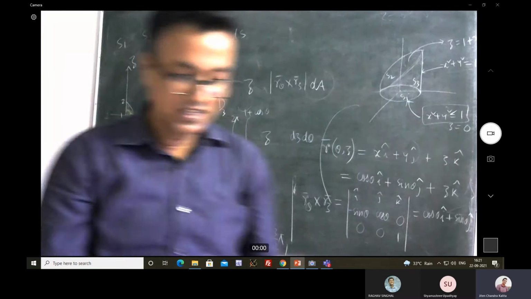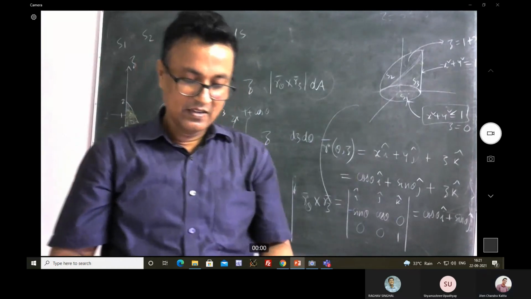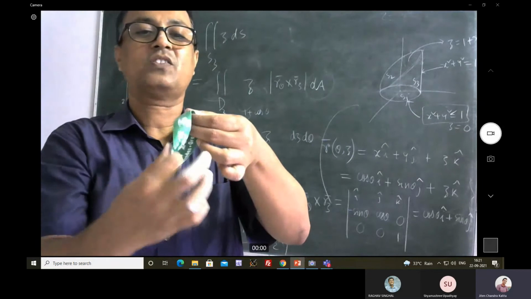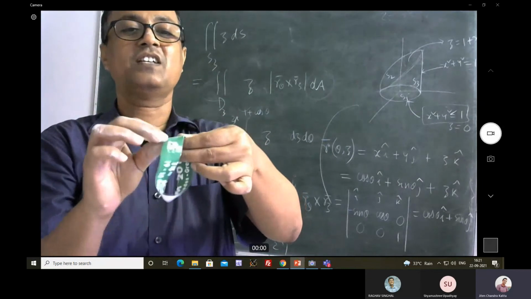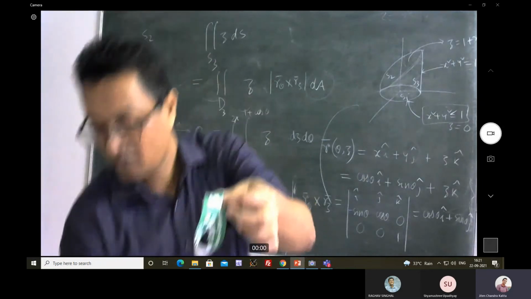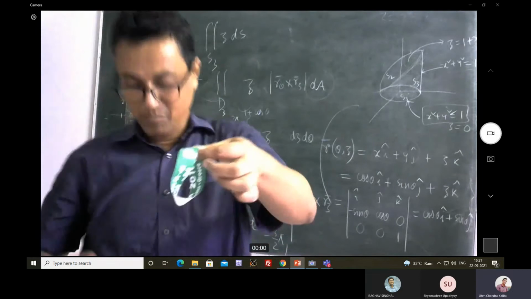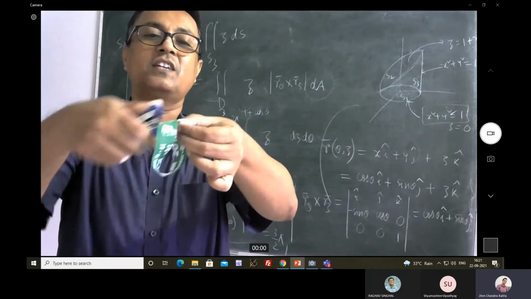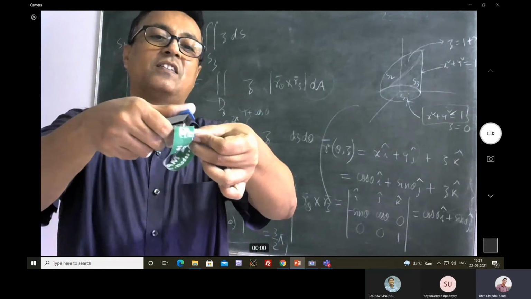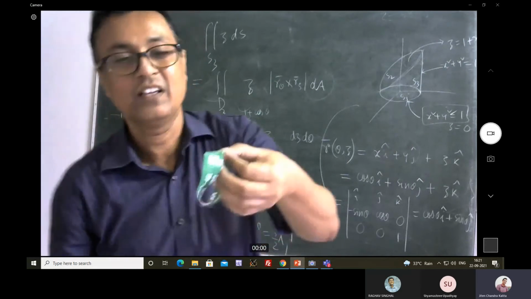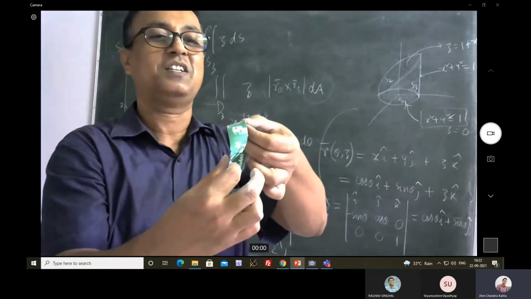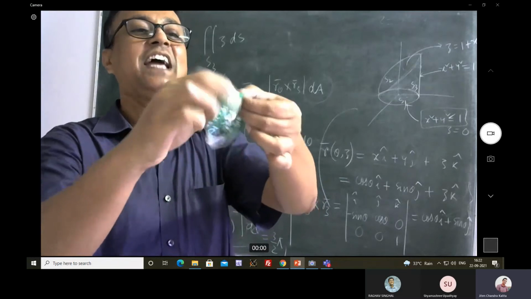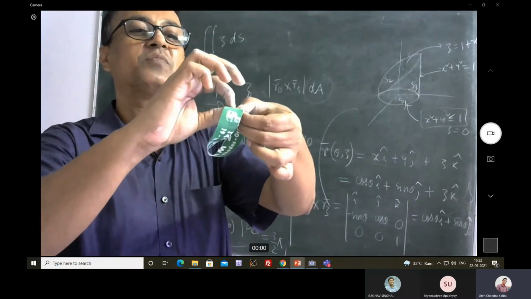Now, instead of that, if I construct a surface like this by joining them, say, let me staple it here. Now I have a surface like this. Think about an ant moving along this surface from this point.